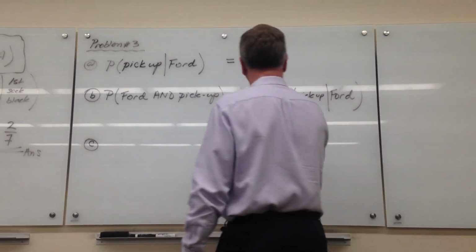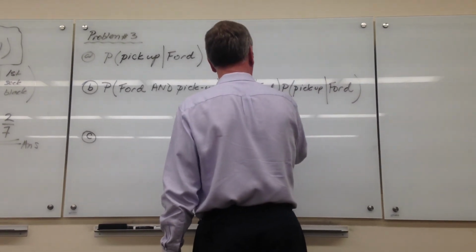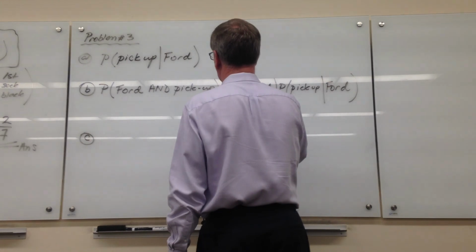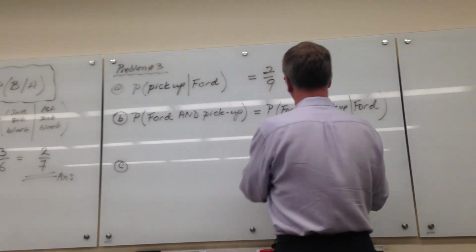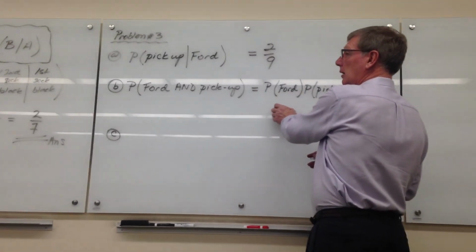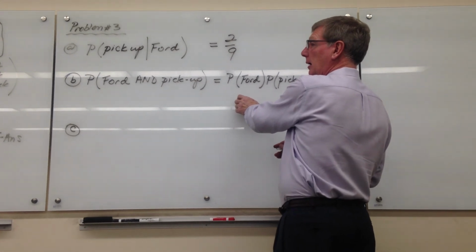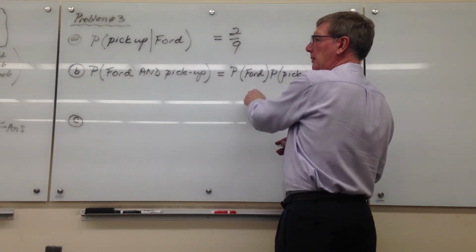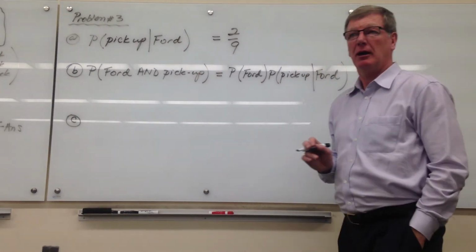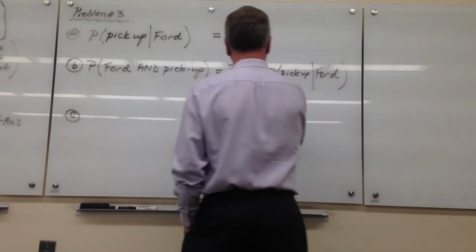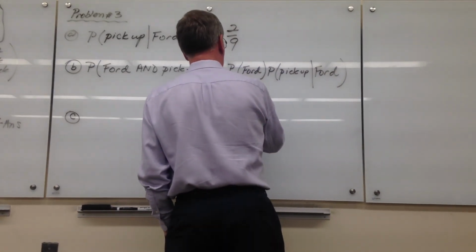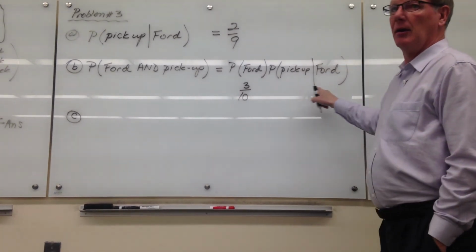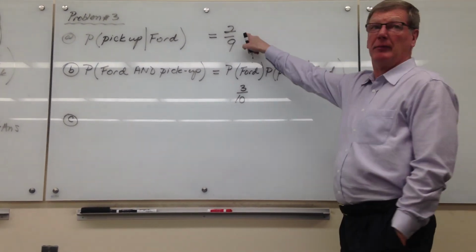Yeah, where'd you get the 1/6 from? That's how many people drive what? Well, how many people drive a Ford according to the survey? 3 out of 10. And then the second part is going to be the 2 over 9. That comes from right there, right?